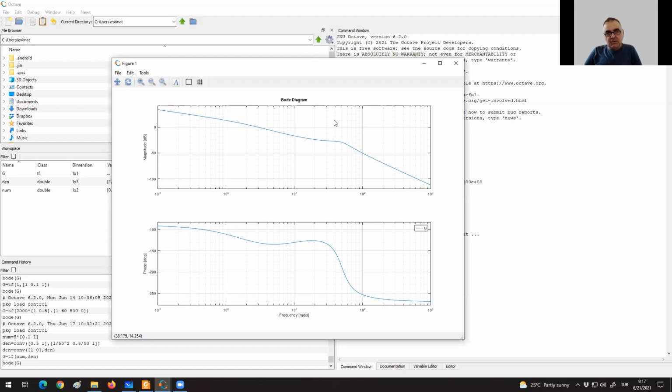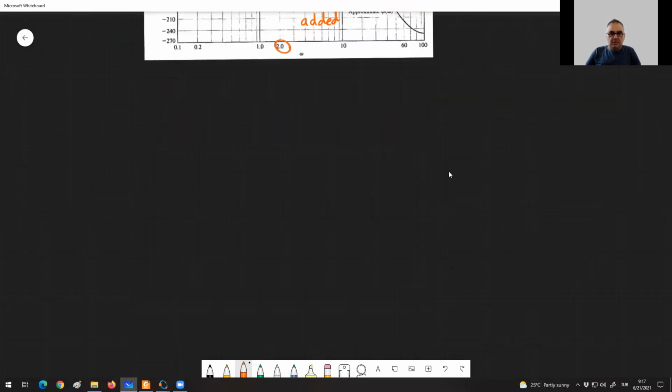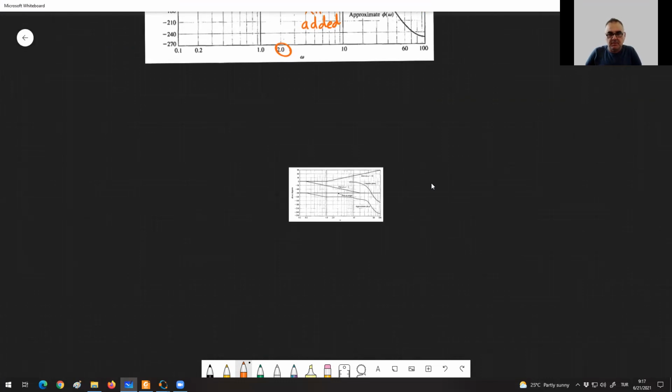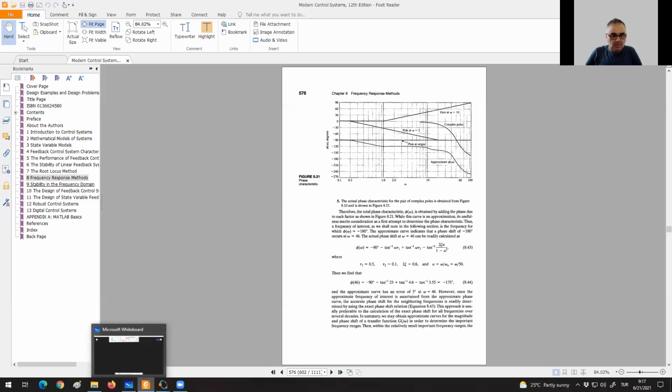Okay, as you see, this is the picture we get. We can paste it here. Not this one. This is what we have in the book. Where is that?